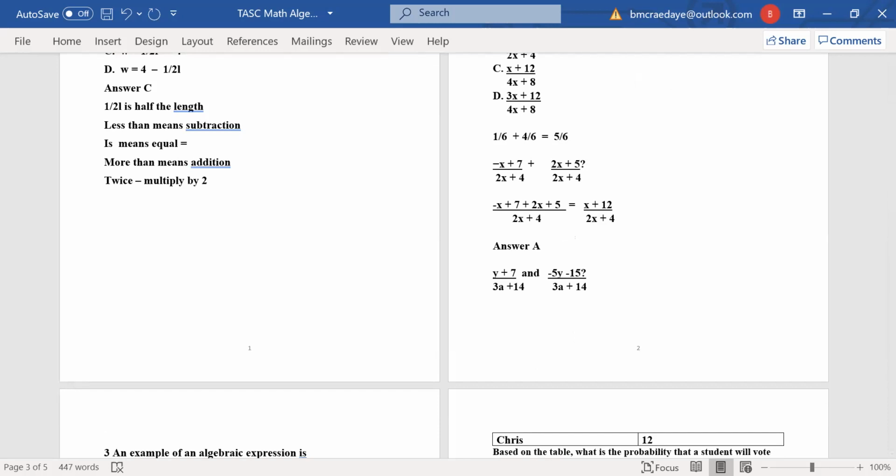So therefore it's negative 4y, and negative 8.